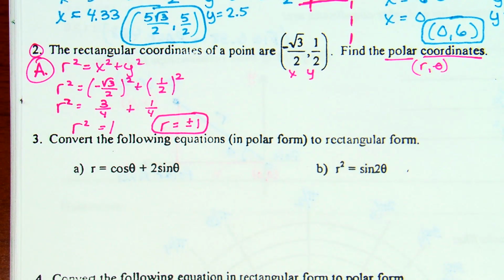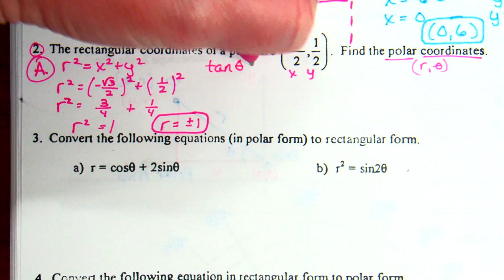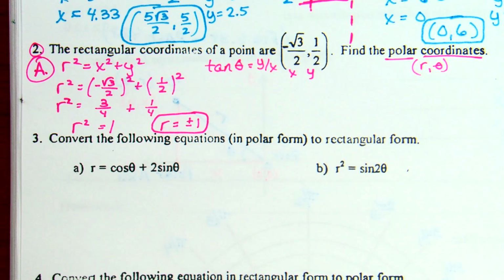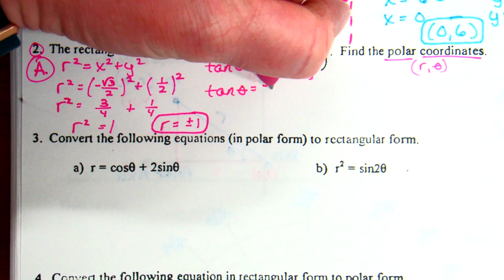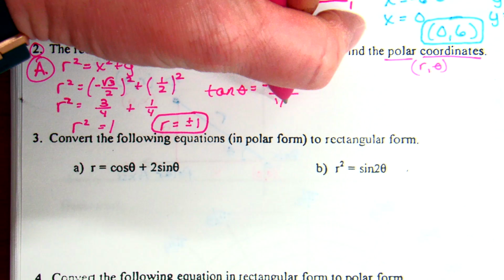And then our other equation. Tangent of theta is y over x. So, tangent of theta is going to be negative square root of 3 over 2 over 1/2.